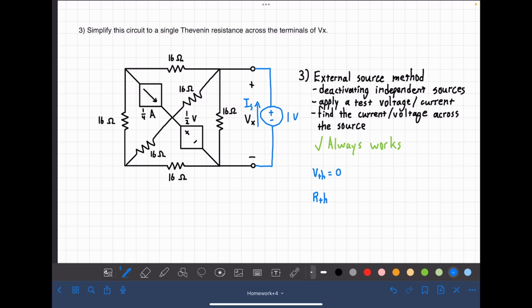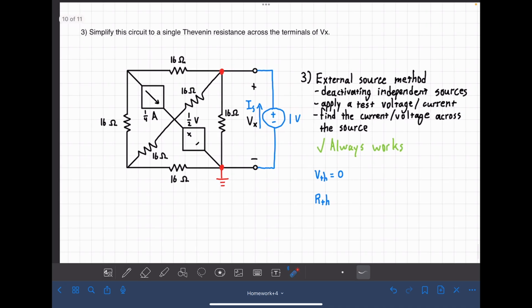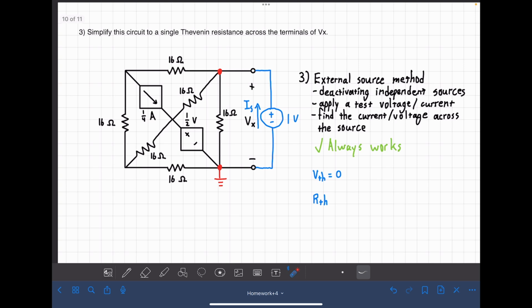To do that, I think I'll use node voltage analysis. So let's look at all the nodes we don't know. We'll label this ground, so we know that ground up 1 volt is just 1 volt. So we know this.